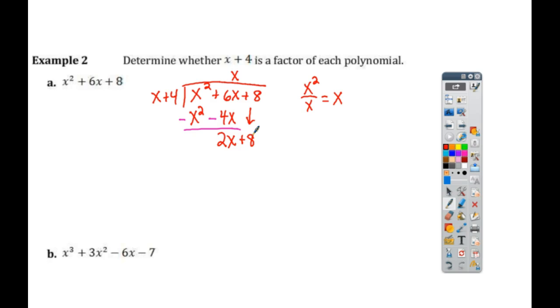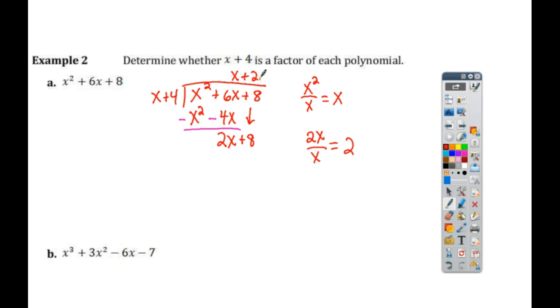So next what I'm going to do, I'm going to take the 2x and I'm going to divide it by this number right here, which is x. So 2x divided by x is 2. And the 2 is positive, right? If it doesn't have a sign, it's positive. So when I write it up here, it's plus 2.